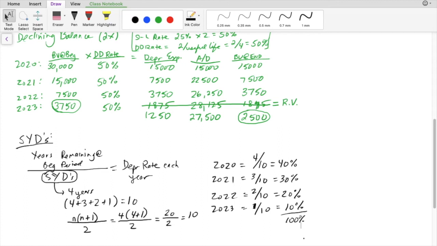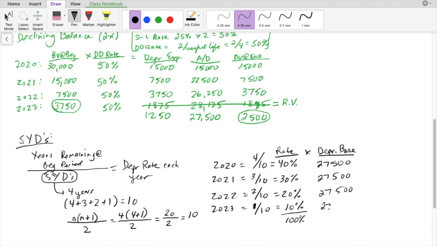Now, what do we multiply these values by? Well, we multiply these rates times the depreciable base. And so our depreciable base is $27,500. That's the amount that we are depreciating. So our depreciation expense for 2020 will be $11,000.